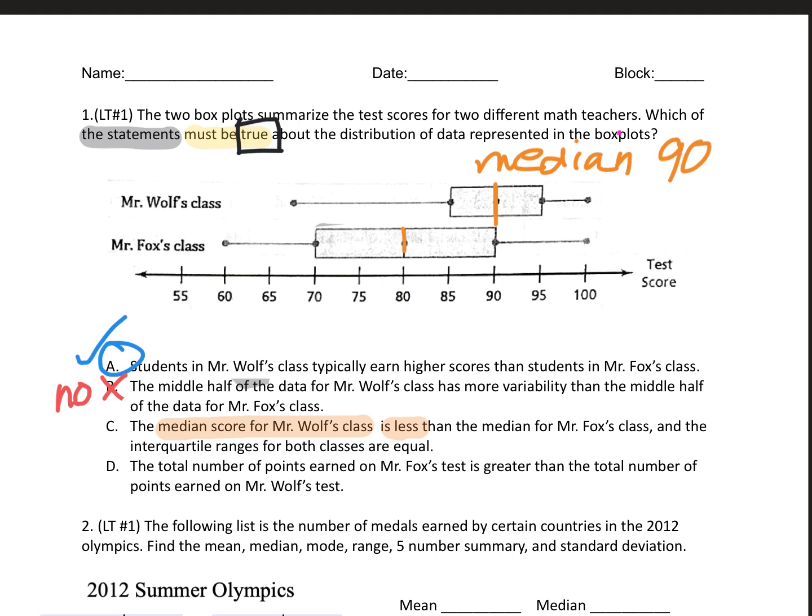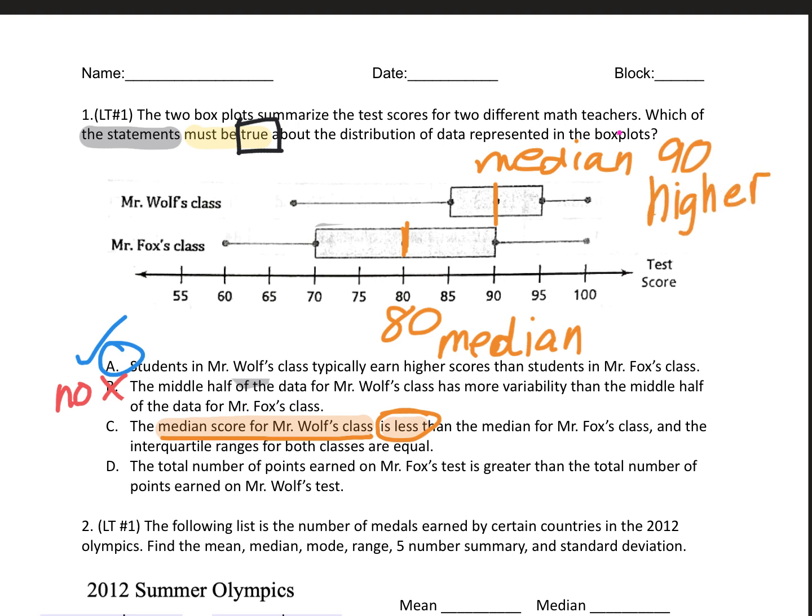The median for Mr. Fox's class is here, and the median is 80. So this says the median for Mr. Wolf's class is less. Well, for Mr. Wolf's class, the median is higher because 90 is higher than 80. So that means that this is not correct. So we're going to say no for option C.